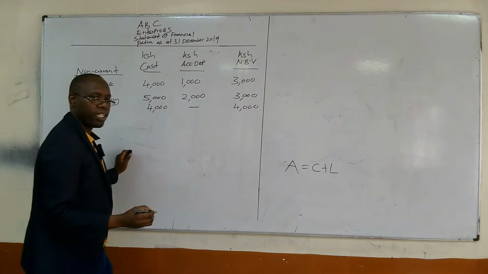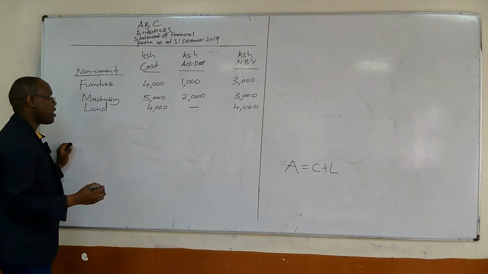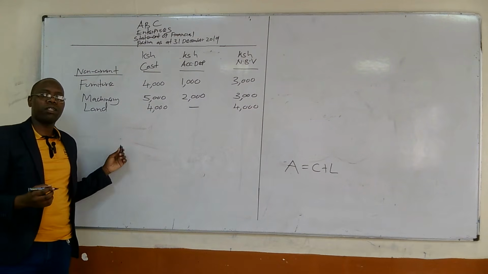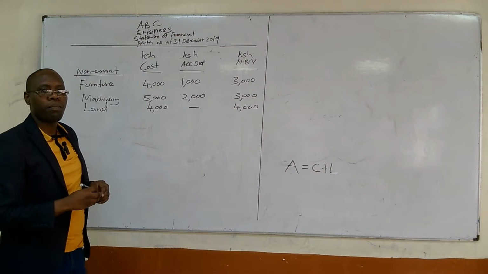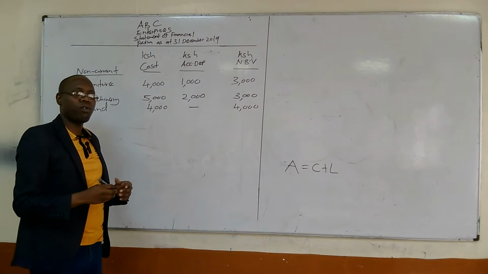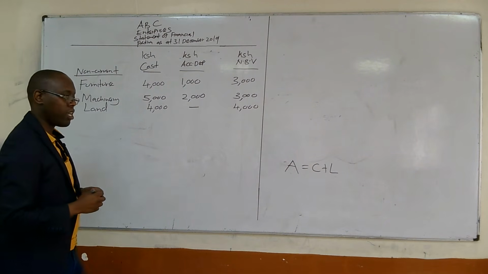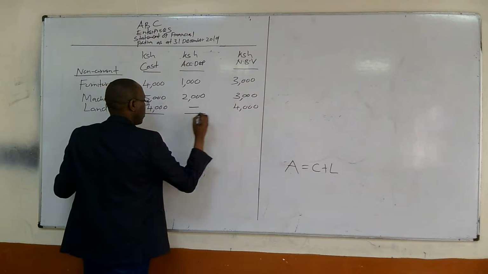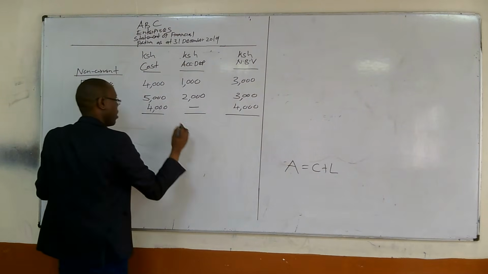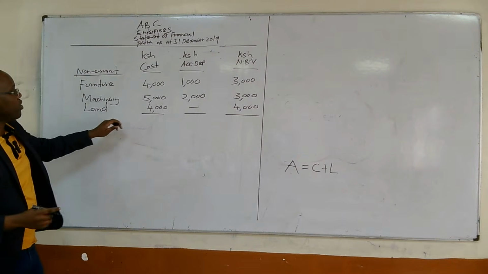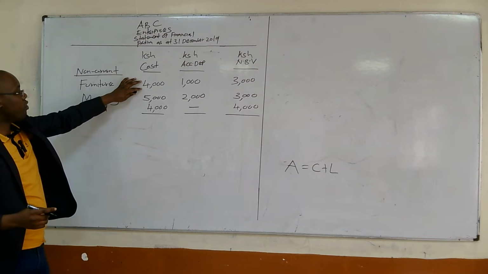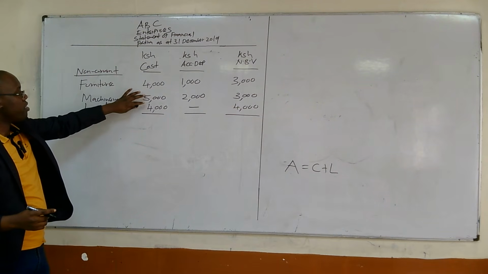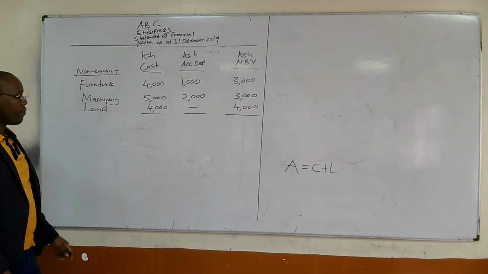And let us assume that these are some of the non-current assets that you are given. In the examination situation, they can give you maybe 2, they can give you 1, whichever that they're actually going to give you. So you're going to be able to add the 4,000 plus this particular 5,000 here, and then plus this particular 4,000.